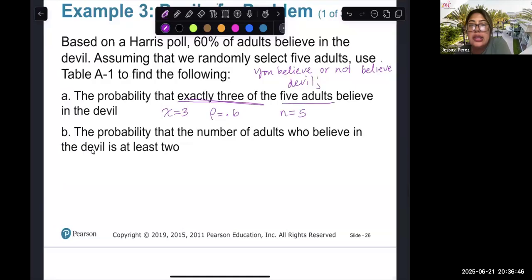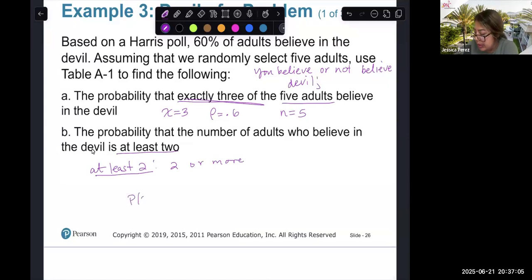Now, what is the probability that the number of adults who believe in the devil is at least 2? That would be 2 or more. So that would mean the probability of 2 plus the probability of 3 plus the probability of 4 plus the probability of 5.